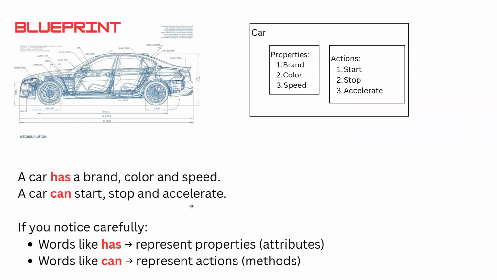The words like brand and color represent the features or characteristics of that car, which we call attributes in Python. What the car can do is nothing but the actions it can perform, and the actions we call in Python methods. I hope it is clear.